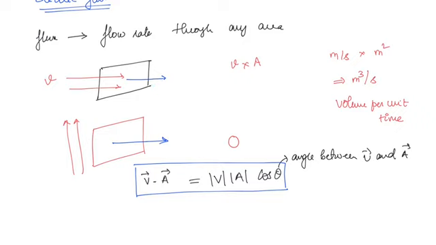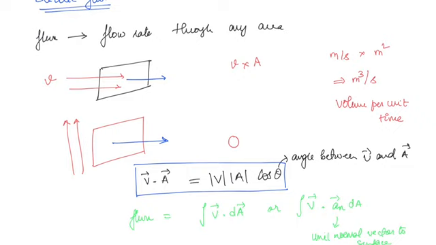When it is different at different points, it is more appropriate to write the flux as the integral of v bar dot dA bar, or you can also write v bar dot a_n bar into dA. This a_n bar is nothing but the unit normal vector to the surface.